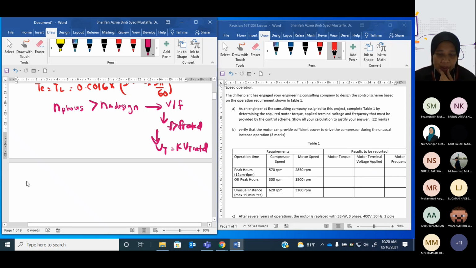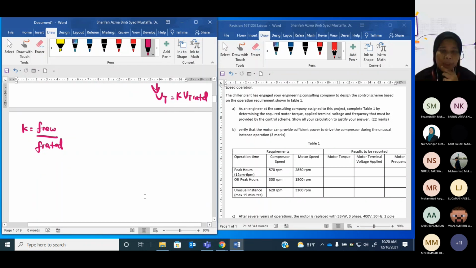So what do we do next? How to calculate K for this V over F? F new over F rated.